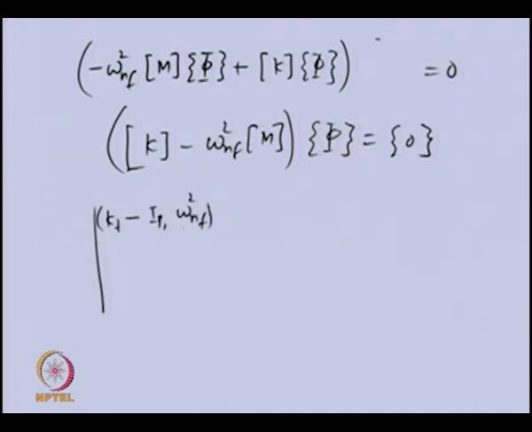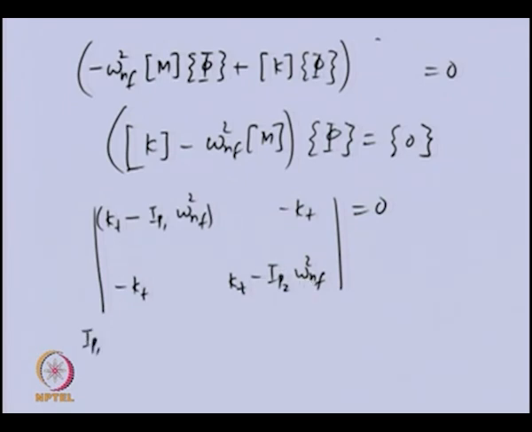So, this is the first term of these two, minus KT, and then KT minus IP2 omega NF square. So, when we take the determinant of this, we will get a polynomial in terms of omega NF square, that is the natural frequency of the system which we want to obtain.